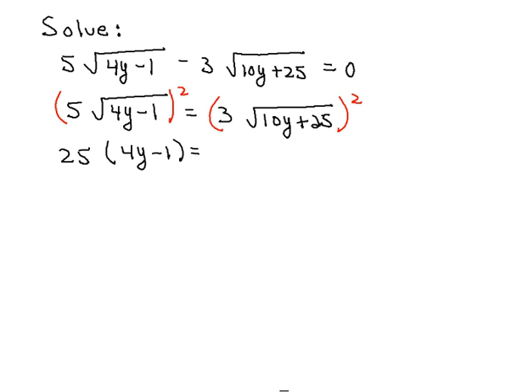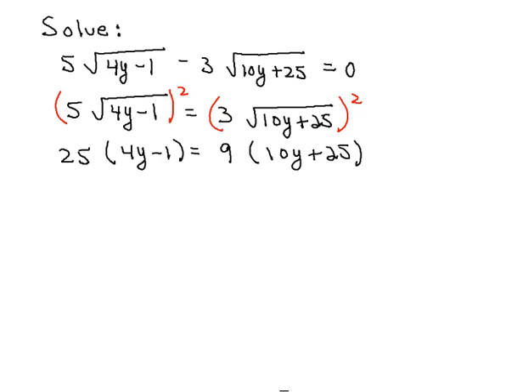And in a similar way on the right hand side, we want to be sure we square the 3 first, which will produce 9. And squaring the radical will give us 10y plus 25. So in this case, we were able to eliminate both radicals by squaring both sides of the equation.